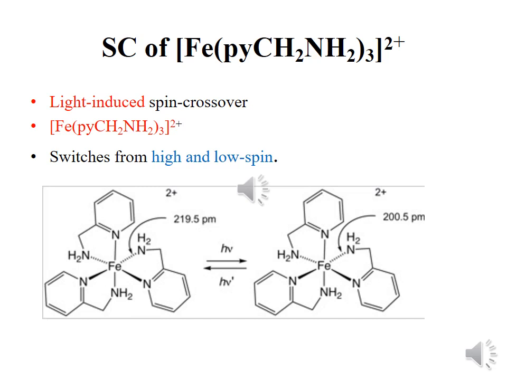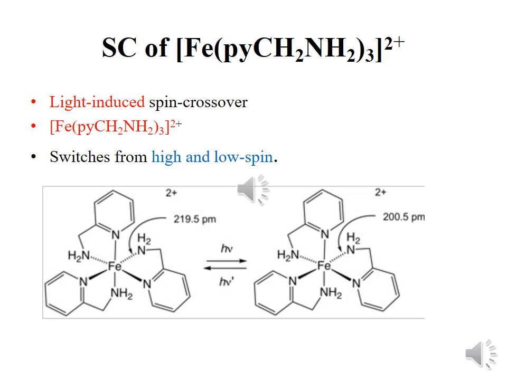In this structure, we see that in the presence of light, meaning photon, the bond length between the iron and nitrogen is 219.5 picometers, and on the right side of the arrow, the bond length between the iron and nitrogen is 200.5 picometers.